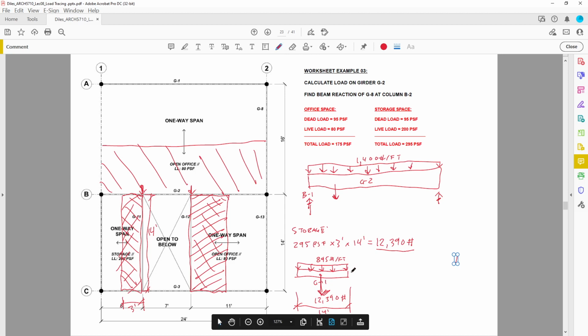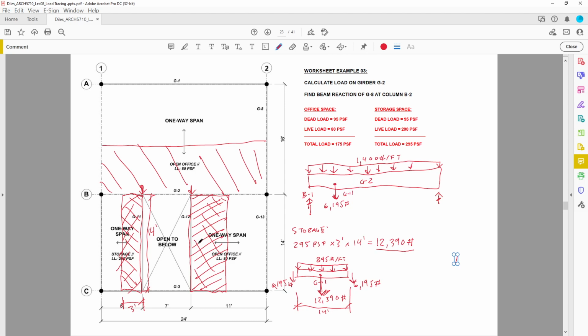Get back to half of the load is going to be going over here, and half the load is going to be going over here. Which means that if we divide 12,390 in half, so 12,390 divided by 2, that's only 6,195 pounds. 6,195 pounds going to either side, right? So let's look at that, 6,195 pounds. Let's put that in our free body diagram up here, and that's from G11.